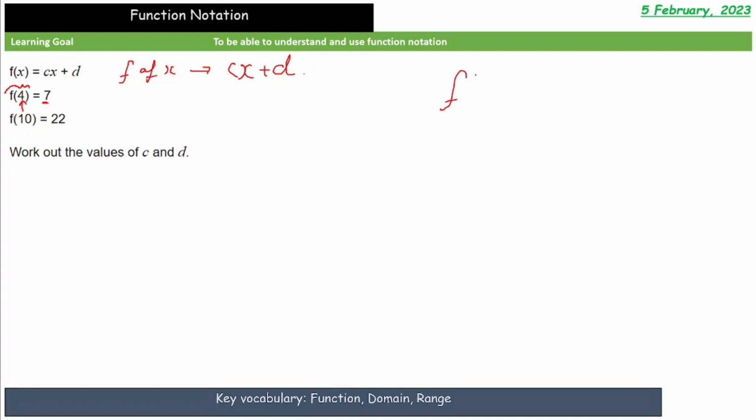So if I was to rewrite this, when our input's 4, we replace this x with 4, so we have 4 times c, which I can just write as 4c, plus d. Our output, this f of x, has to be 7.